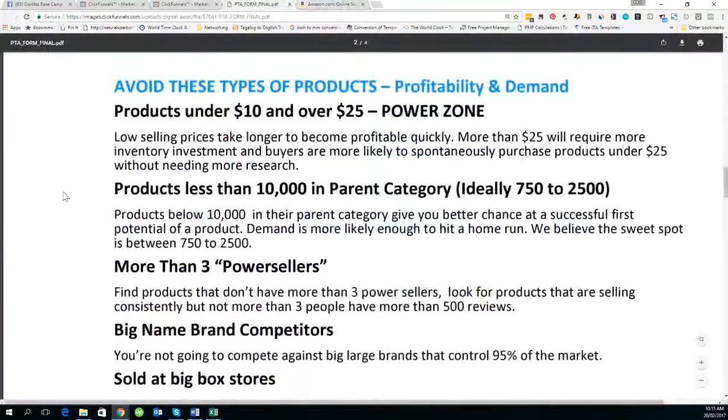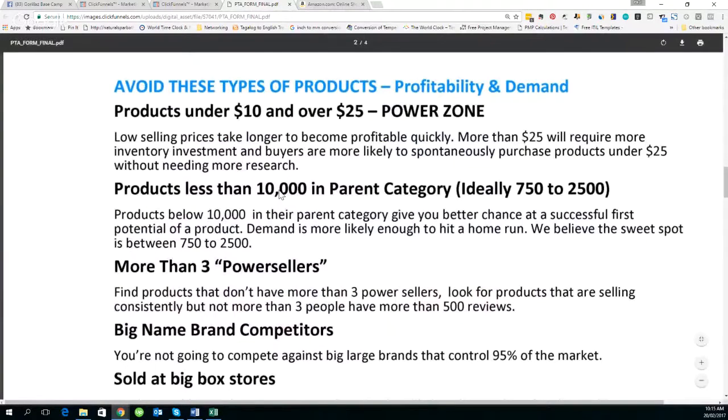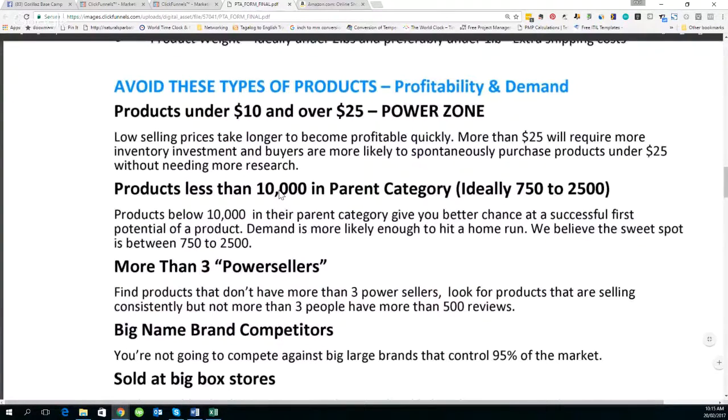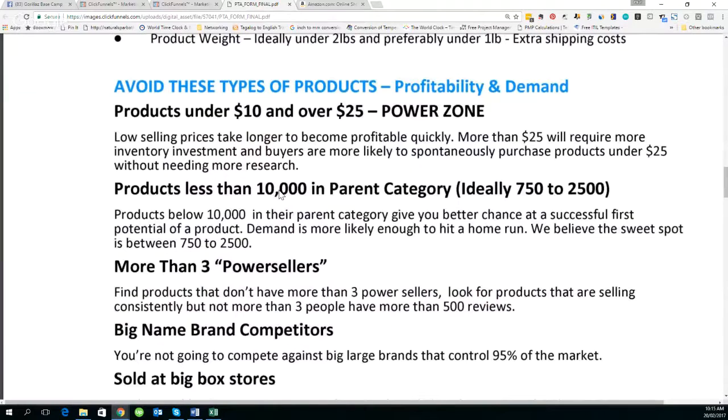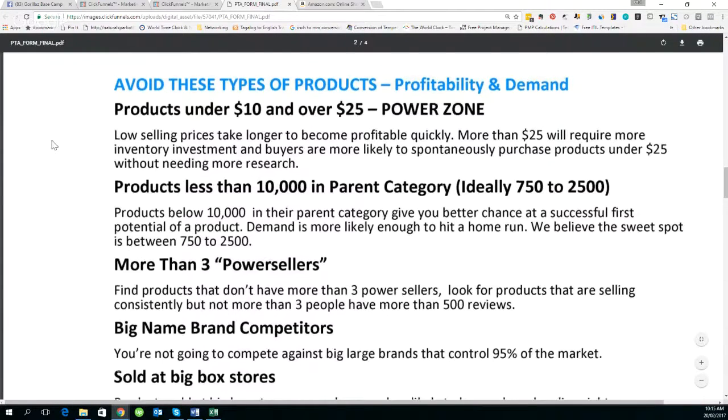So try and avoid products with less than 10,000, because that just means there are really competitive products. So if you've got something at 750, 2,500, it's looking like this is ideal.